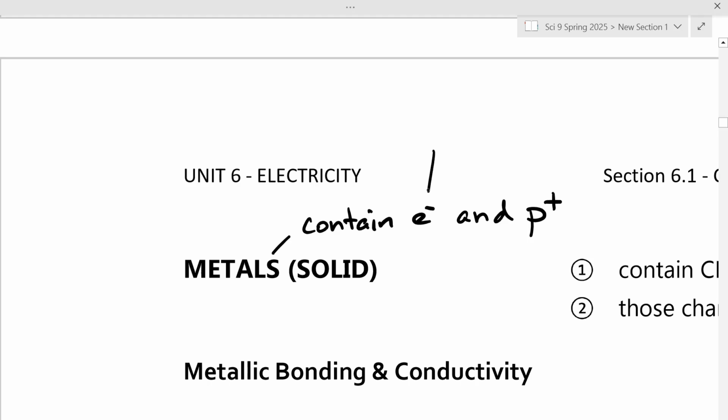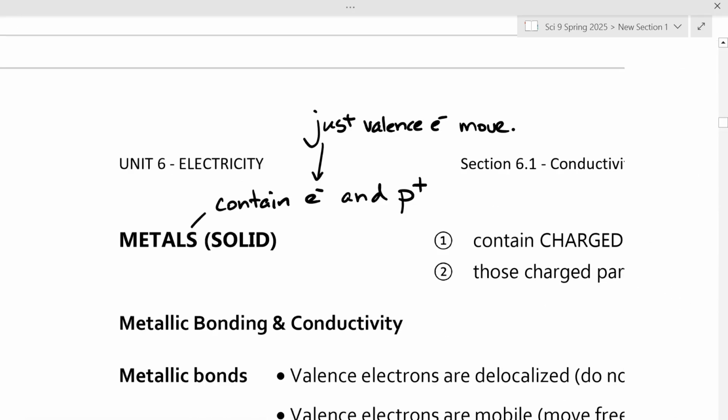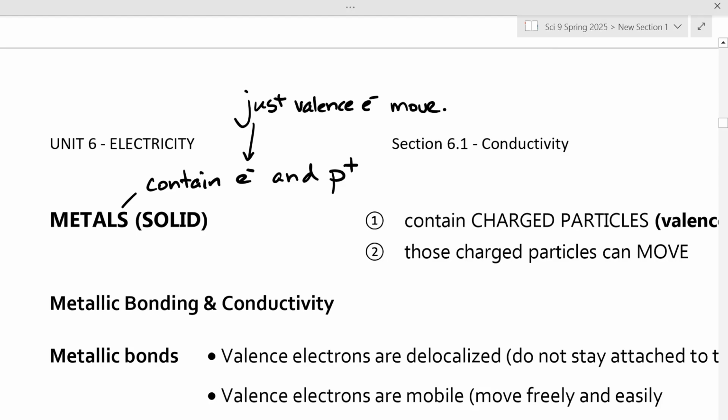No, just the valence electrons can move. Okay, and this now takes us back to metallic bonding, right? Because if you remember, you've got those cations with all the valence electrons just going everywhere. But if you put a positive here and a negative here, they can all go in one direction. Yes? Okay.